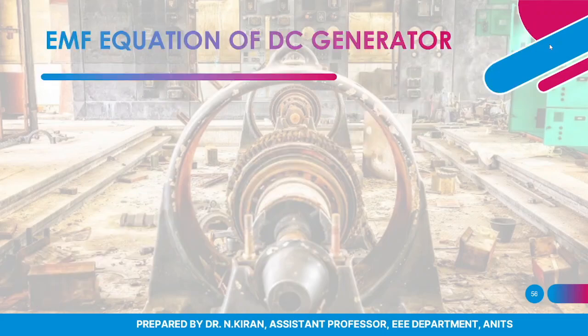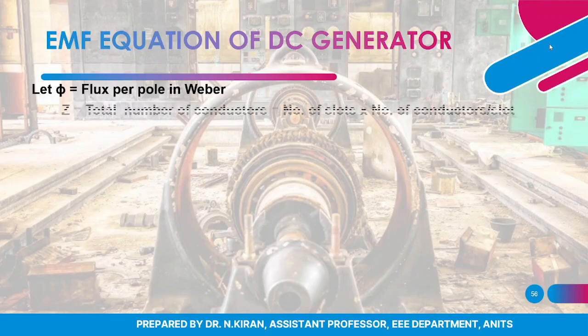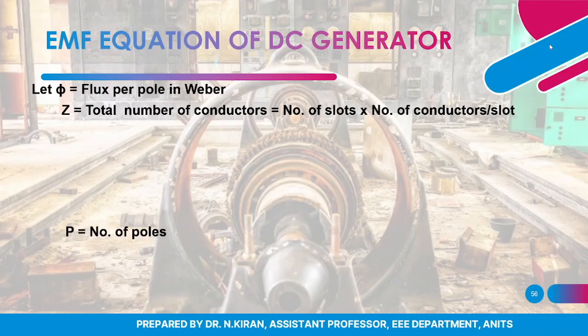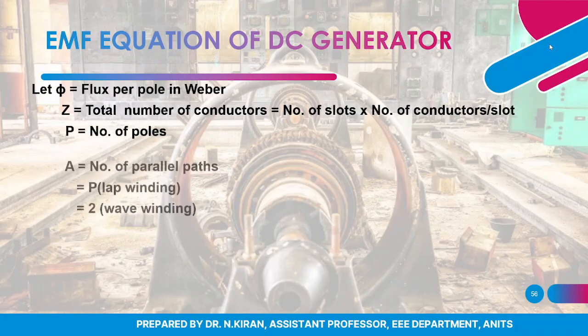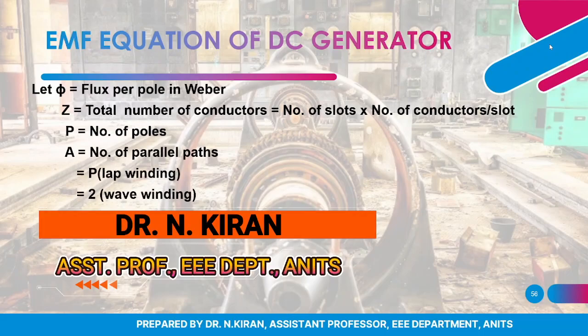So let us assume that phi is the flux per pole in Weber, Z be the total number of conductors, which will be equal to the number of slots into the number of conductors per slot. Let capital P be the number of poles. Let capital A be the number of parallel paths.